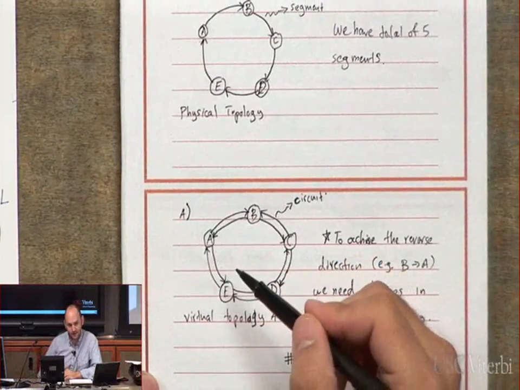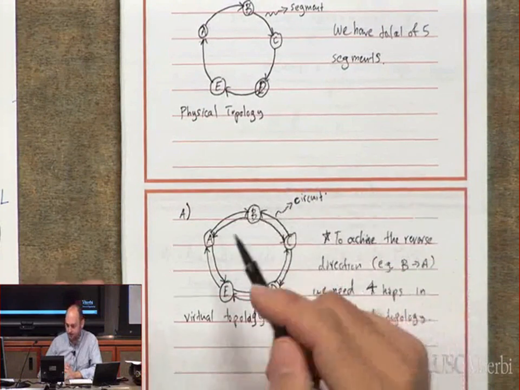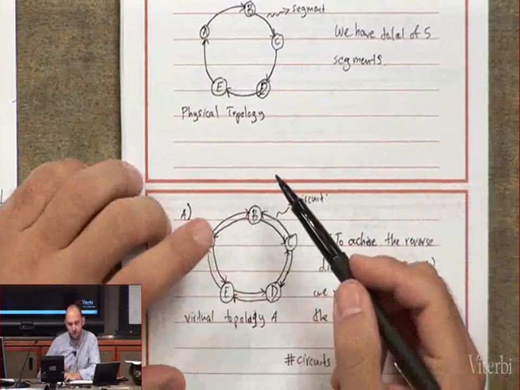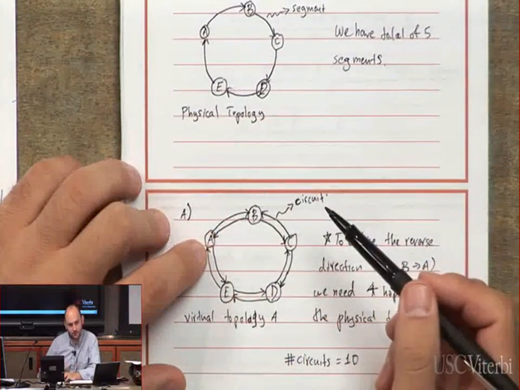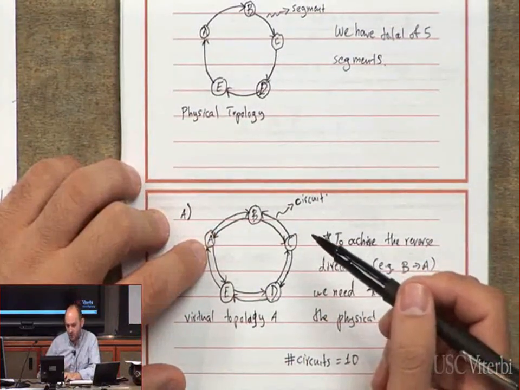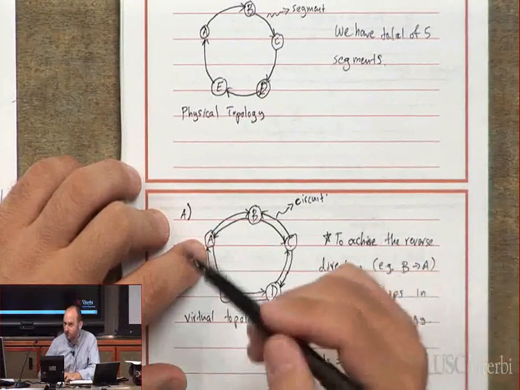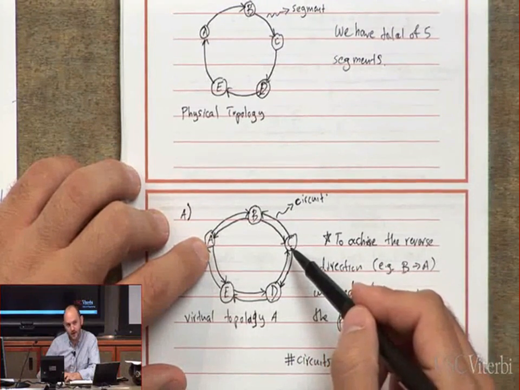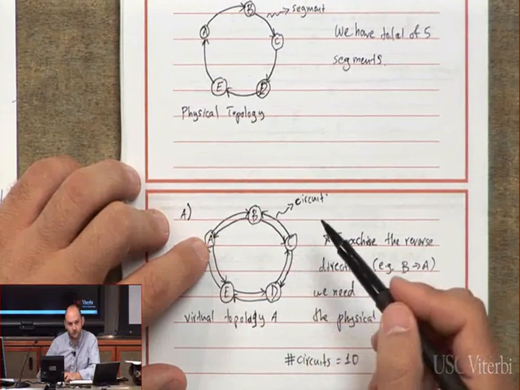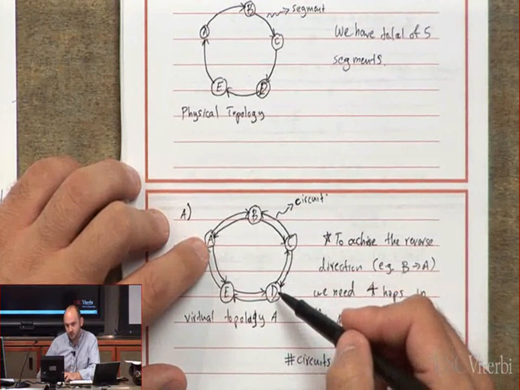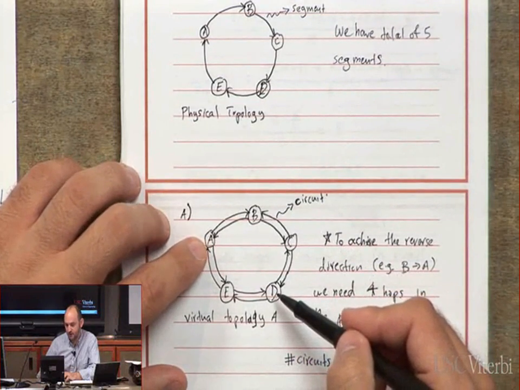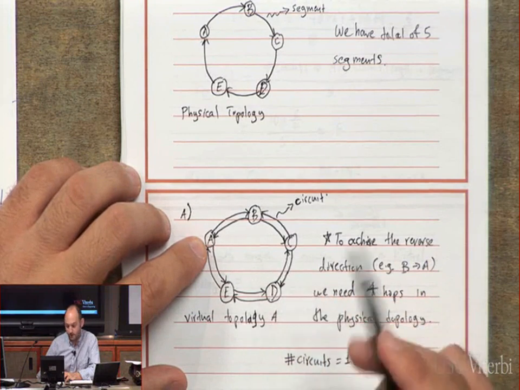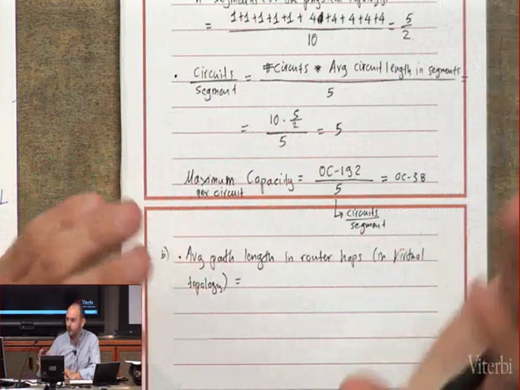You remember how we did last time? First of all, it's symmetric. It's going to be the same for all the nodes. We stick to a node, we pick a random destination, and we need to average over all these random destinations. If the destination is D, from A to D, the number of hops is 2. We do that for all the possible nodes.